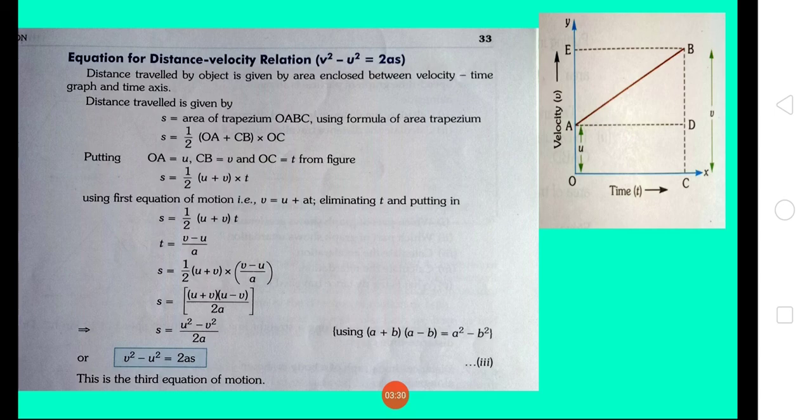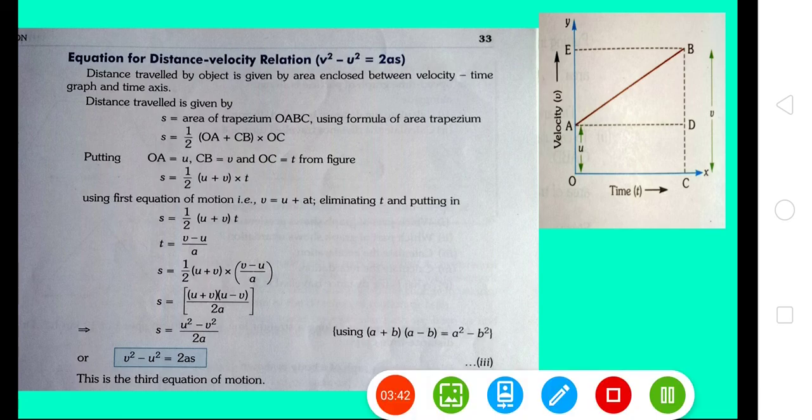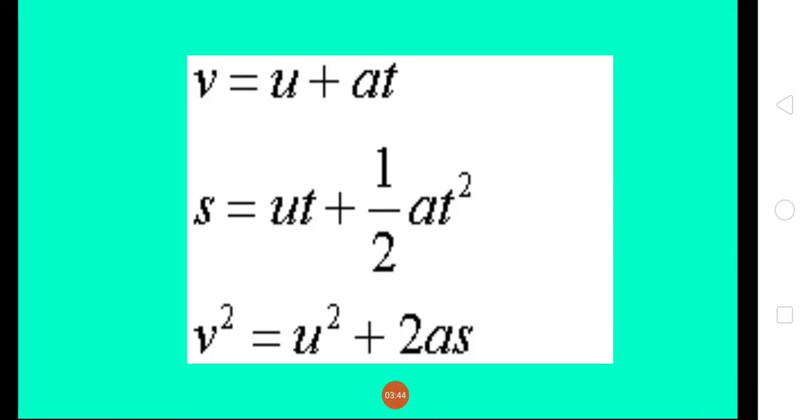So S equal to half into u plus v into t. Now if you try to recollect the third equation here, there is nowhere the presence of time or the quantity t. So we have to eliminate t and substitute it with other values.